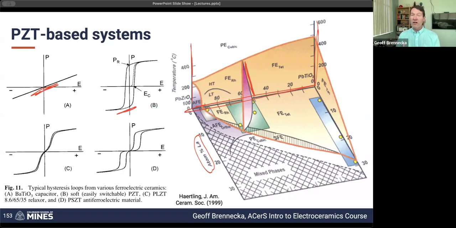As we talked about previously, we can engineer that ferroelectric response to be a hard ferroelectric, or we can engineer it to be a soft ferroelectric that has a lot higher slope and greater permittivity and greater strain. Or now we start to introduce antiferroelectric possibilities.